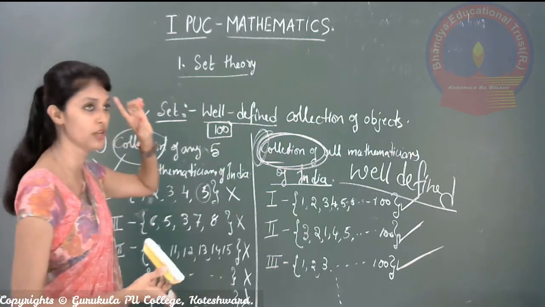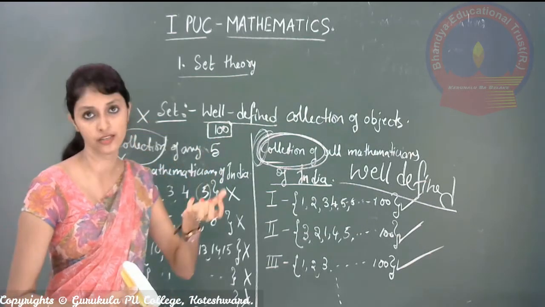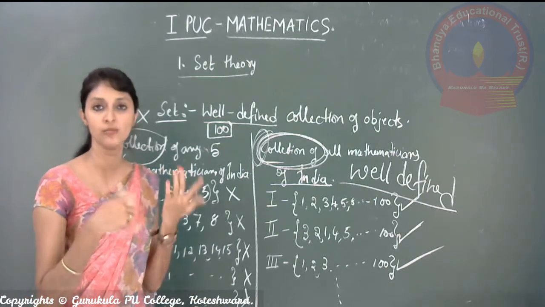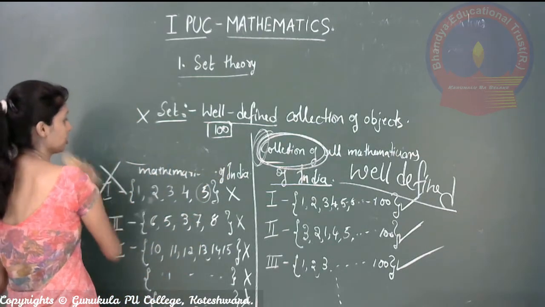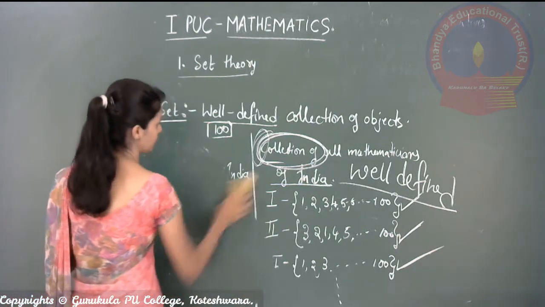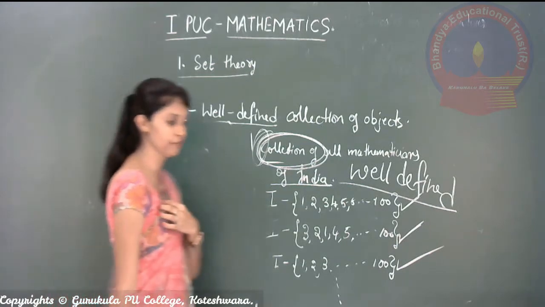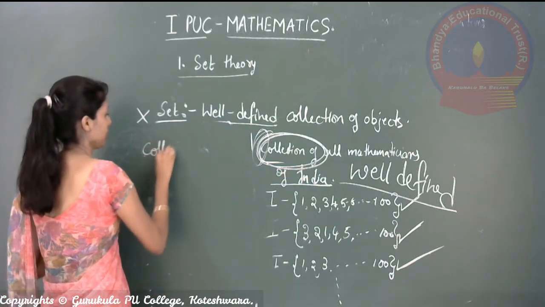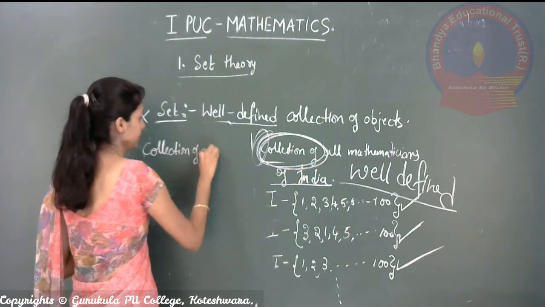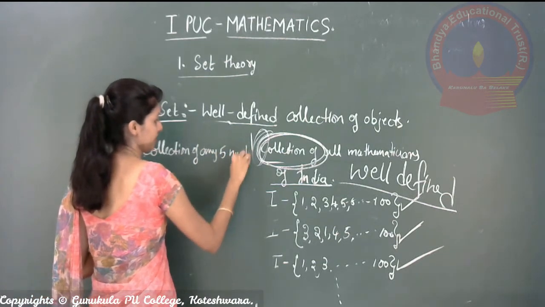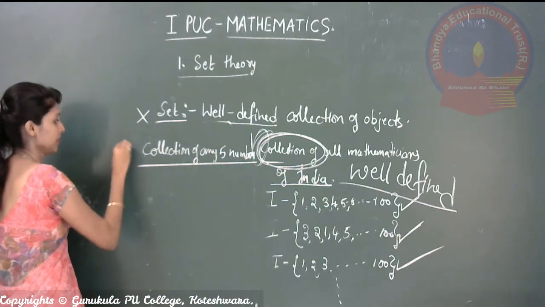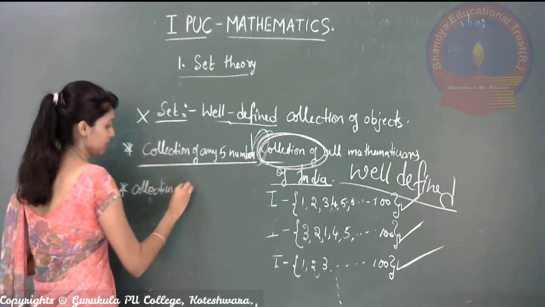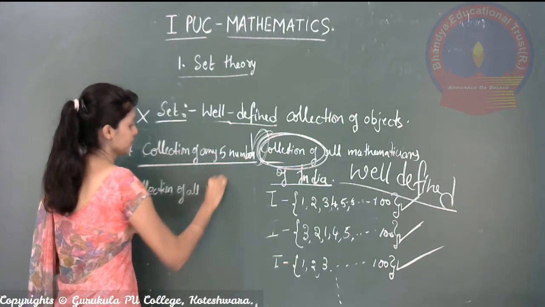So you can make out that where there is a well defined collection, it is a set. Now I will give one example, and you tell me whether it is a set or not. Collection of any 5 numbers. Next, collection of all natural numbers.